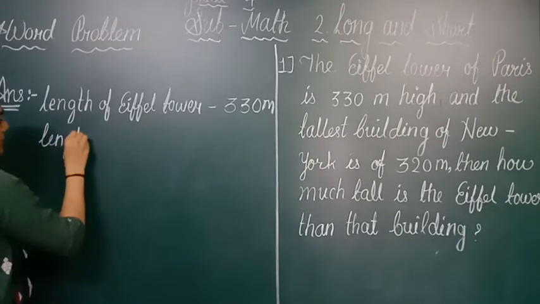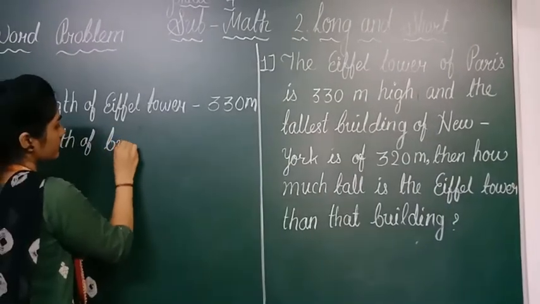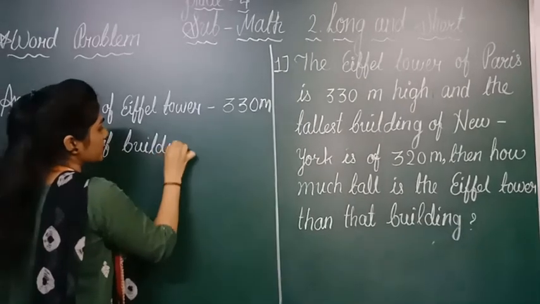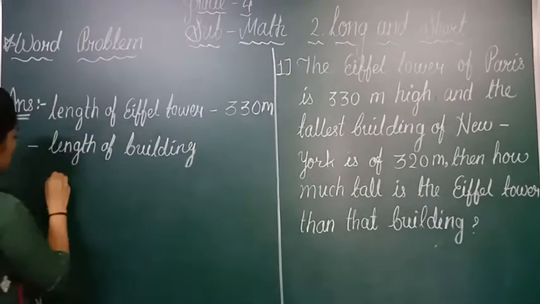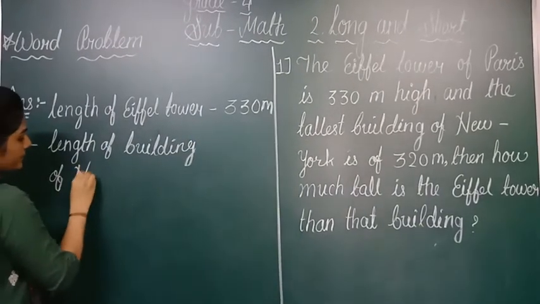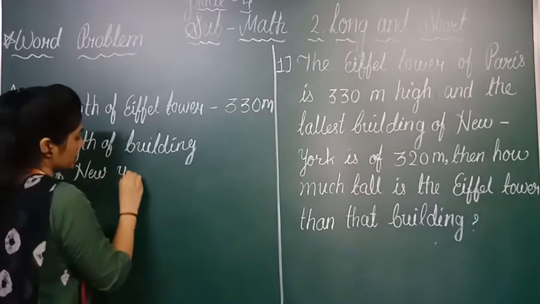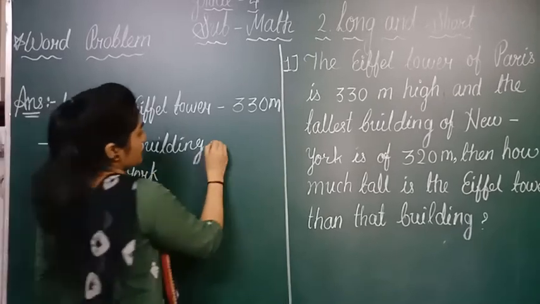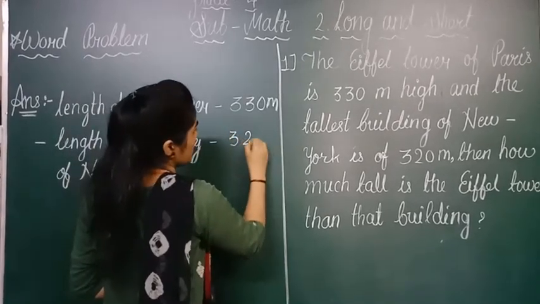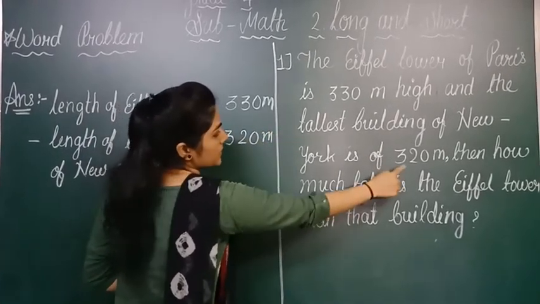So length of building of New York, we have 320 meter, right?